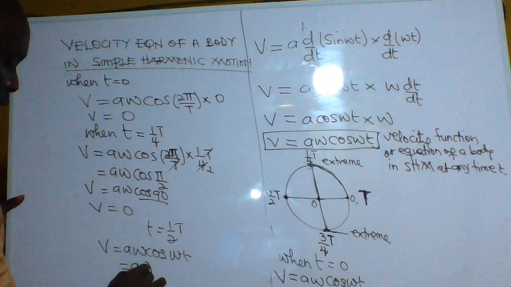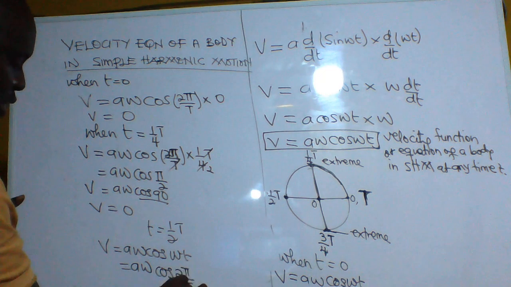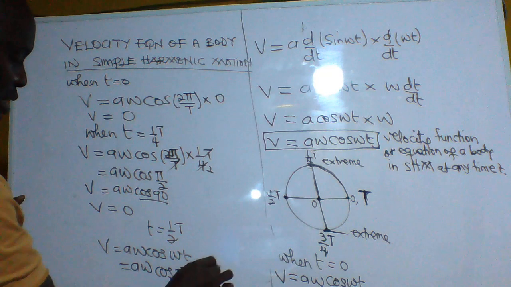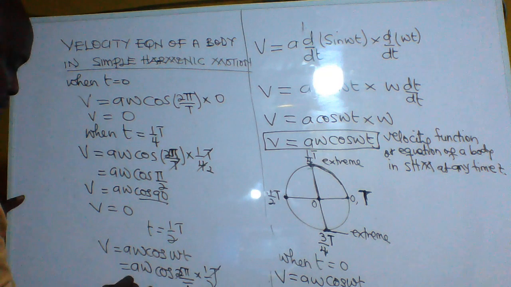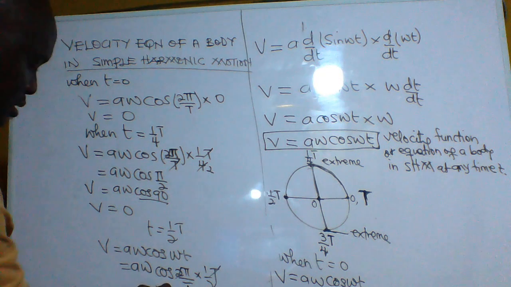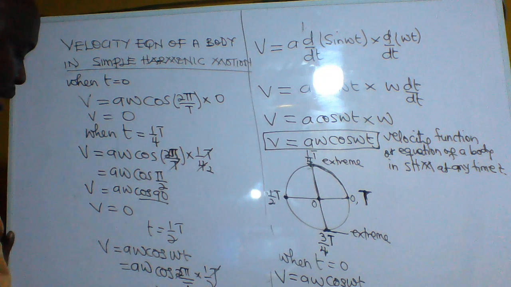So A omega cos of 2 pi on T times half T. Here we have cos of pi, so cos 180. Cos 180 is equal to -1. So we have minus A omega.